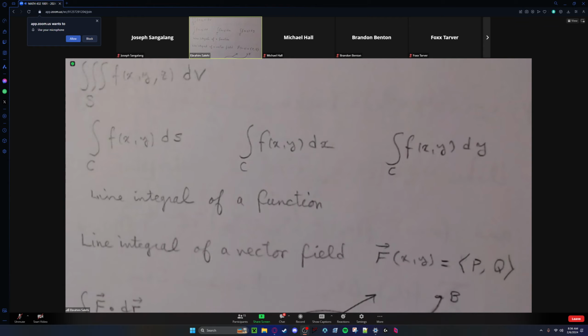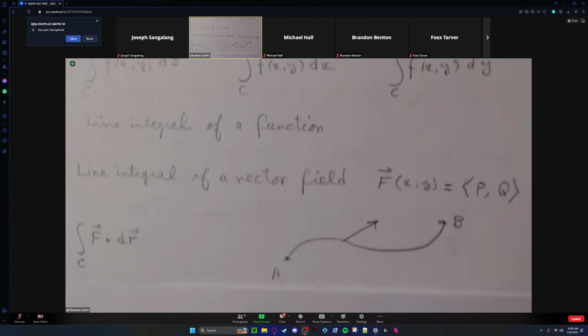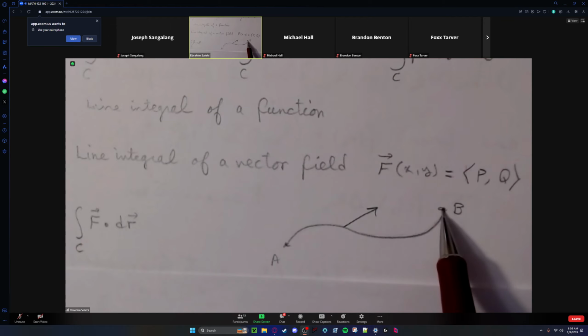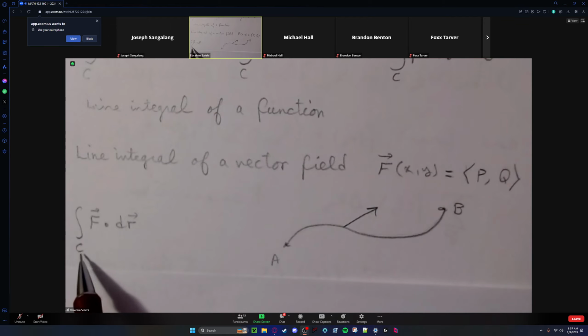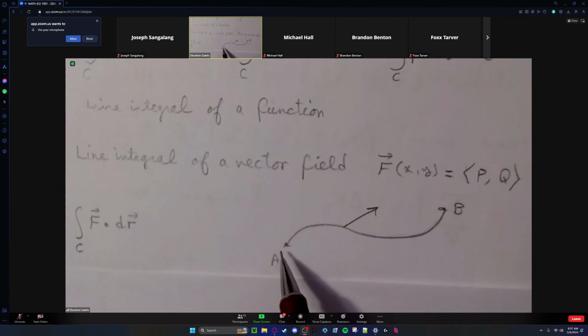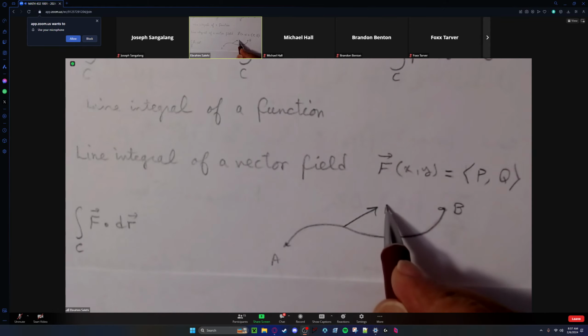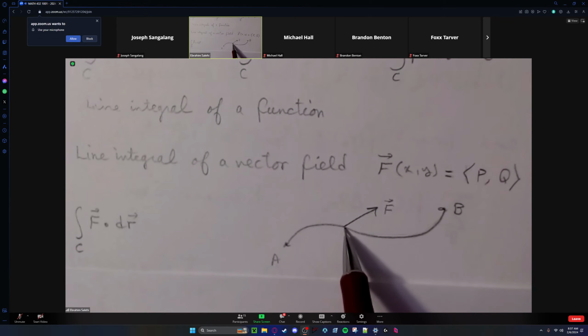Oh yeah, here is what I basically meant. So you have a curve given, this curve C, and you have an object. You apply this force F to this object, right?